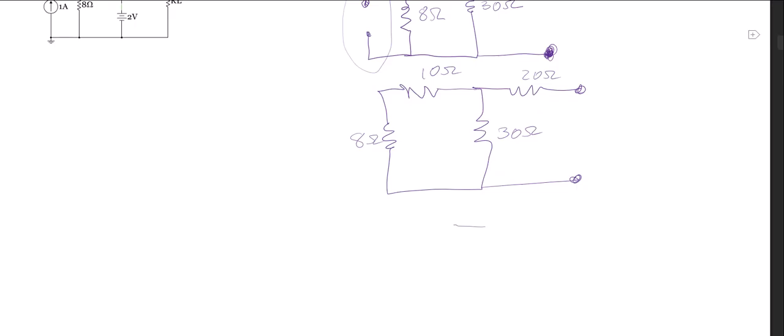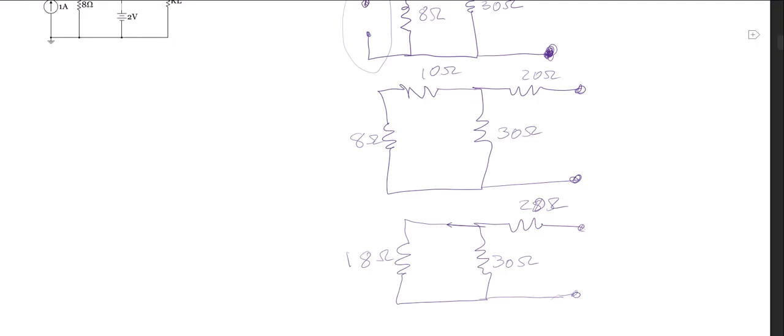But I might not have drawn it that way. So I'm going to draw it like this when I combine them. I put my 10 ohm plus 8 ohm over here on this side so that it's really easy to see that these two are in parallel.